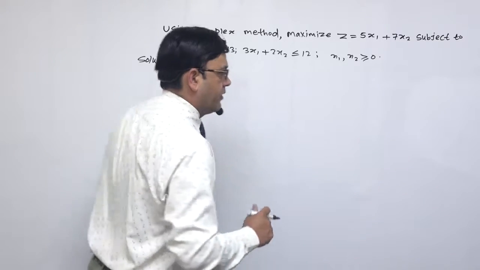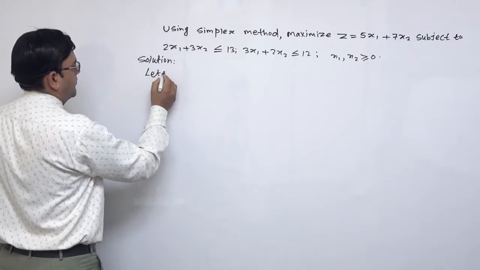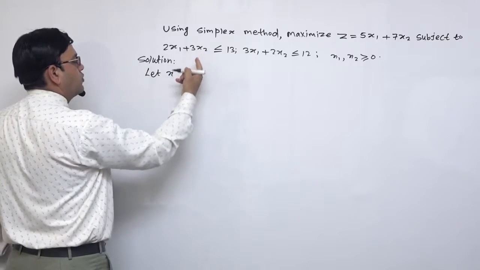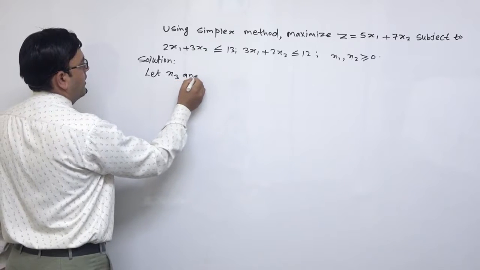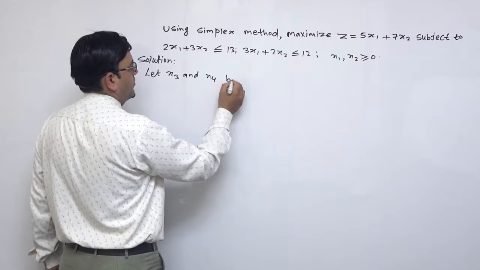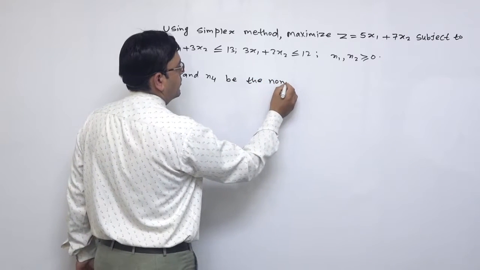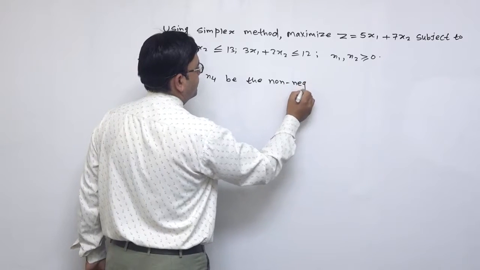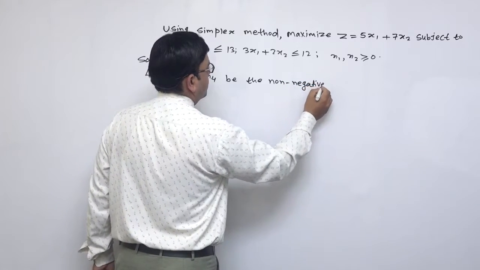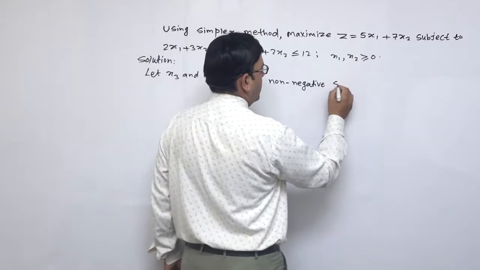Here we have x1 and x2, so we suppose x3 and x4 be the non-negative slack variables.